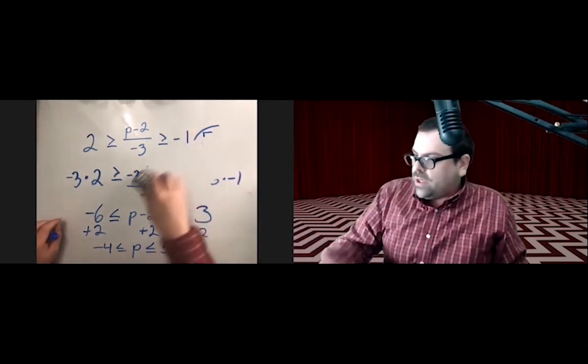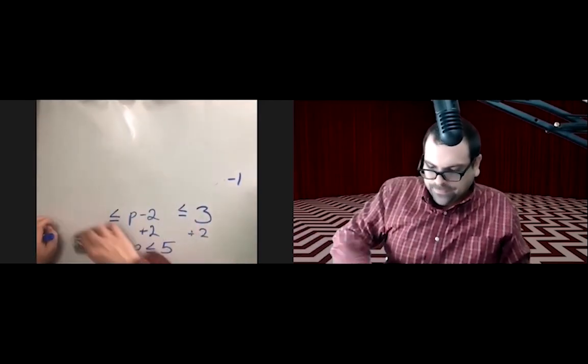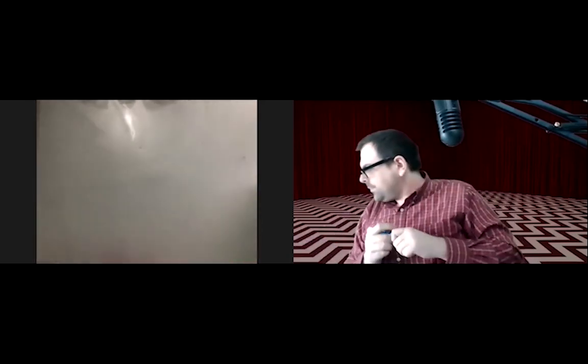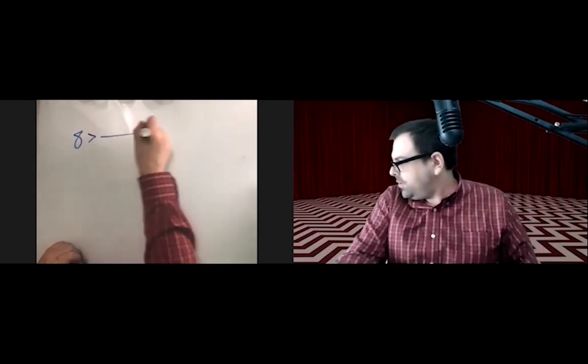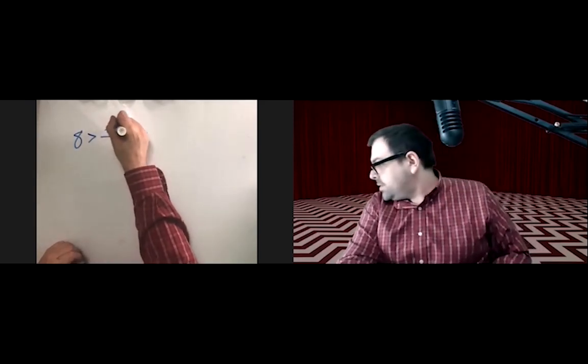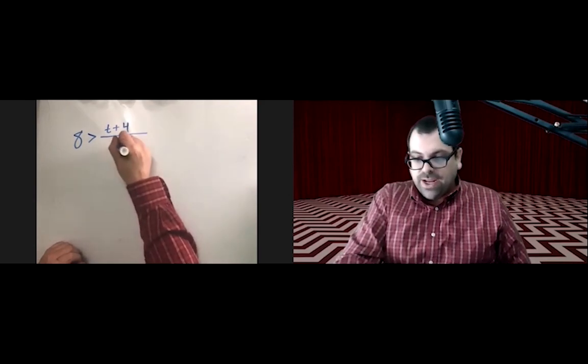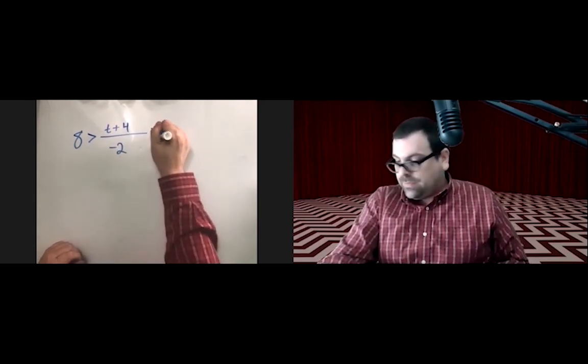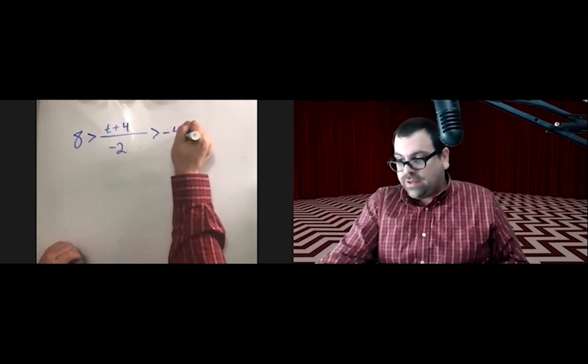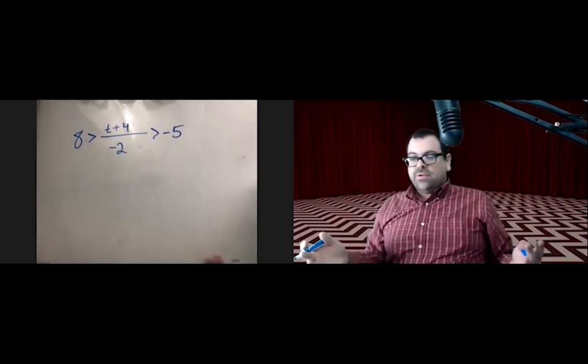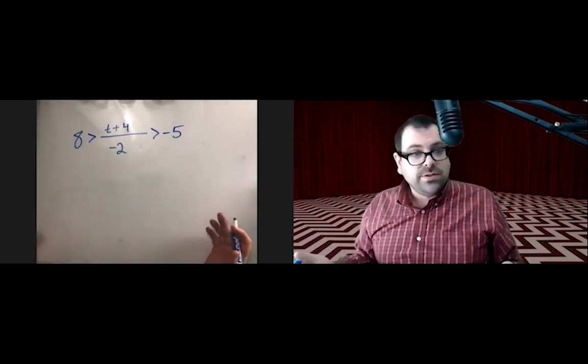Let's go ahead and do one more. 8 is greater than (t plus 4) over negative 2 is greater than negative 5. Same sort of deal.